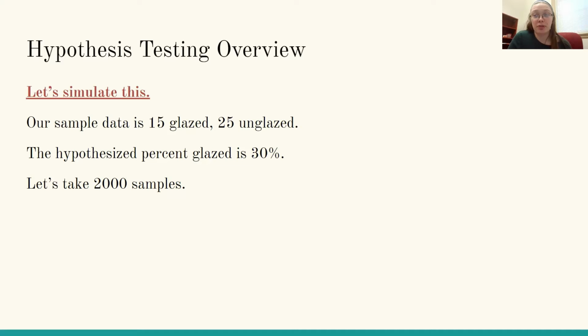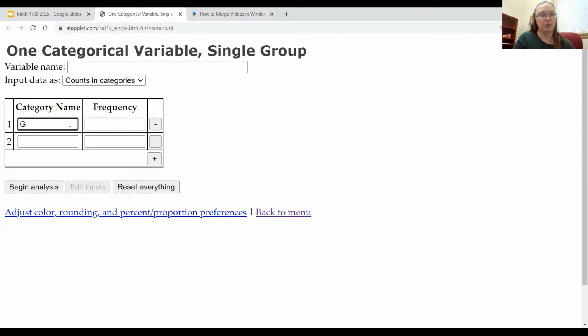The hypothesized percent that are glazed is 30%, and we'll take 2,000 samples. That seems like enough. Our variable name is donut type.